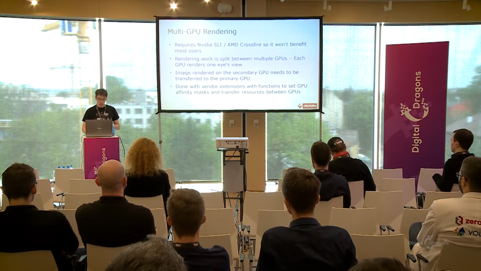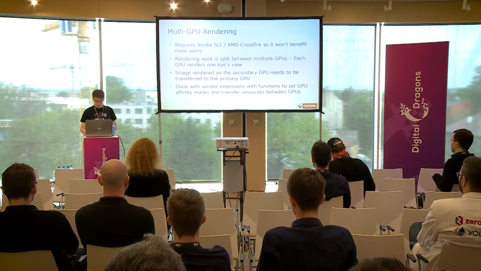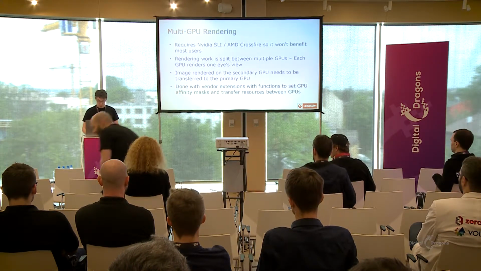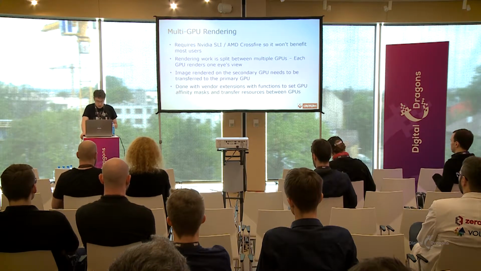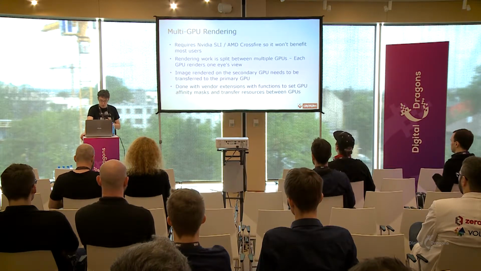Rendered image from the other GPU needs to be transferred to the primary GPU to be displayed on the head-mounted display by the VR system. There was actually some talk last year about having the VR APIs themselves, like SteamVR, be multi-GPU aware.